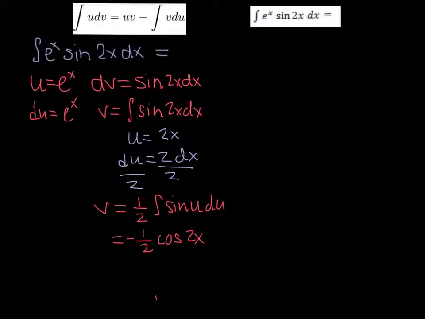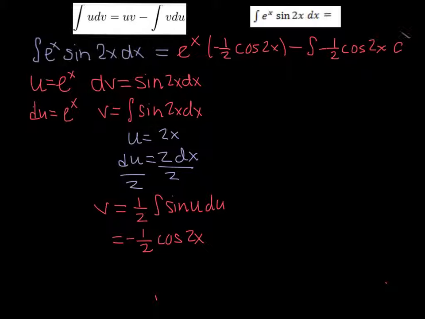So u equals e to the x, times v, which equals negative 1/2 cosine of 2x, minus the integral of v, which equals negative 1/2 cosine of 2x times differential of u, which equals e to the x times dx.